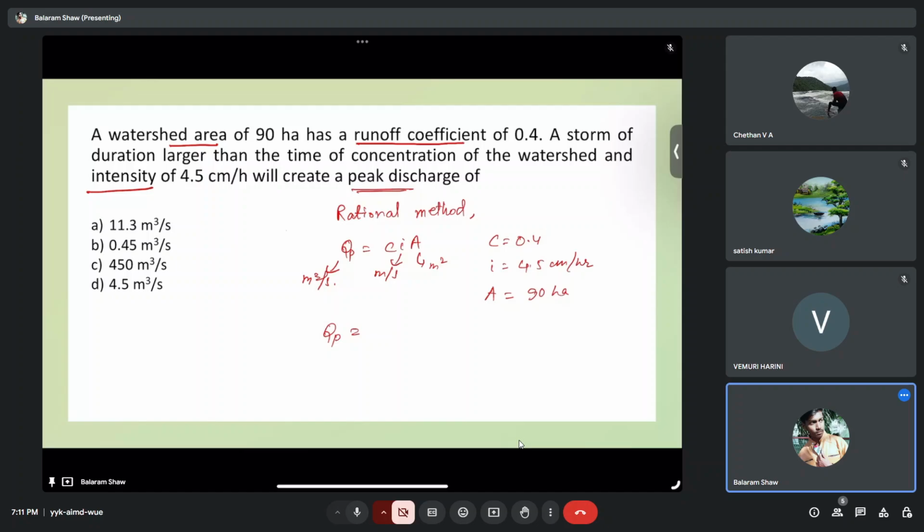Something like 0.4 into 1.25 into 5 into 98.4. I'm getting somewhere near 4.5 meter cube per second. So the correct answer is D. I hope you guys also got the answer. Any questions here? If not, we'll move to the next question then.